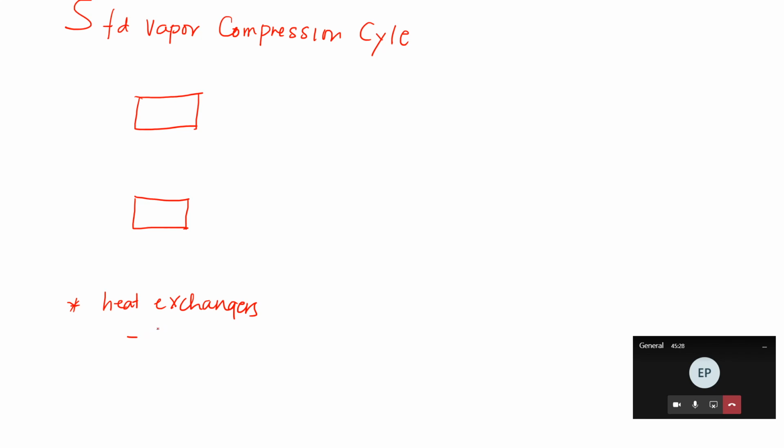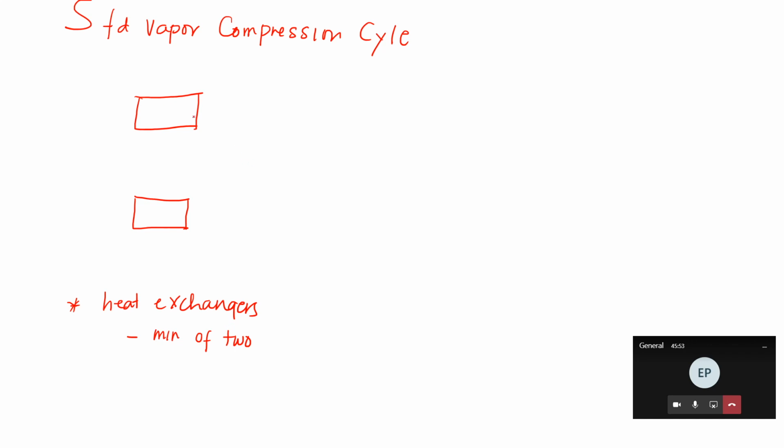So what is the minimum number of fluids involved in a heat exchanger? A minimum of two, right? You cannot exchange with one. It's impossible. It needs two.